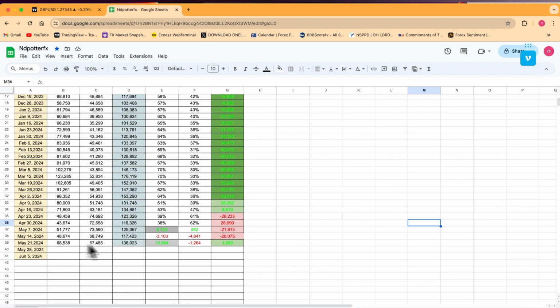If you look at this week, you see that they increased their long position from 48 to 68, so they increased it by 19.864. Their short position, they reduced it by minus 1.264. As I'm collecting this data together like this, I'm putting it together like this.